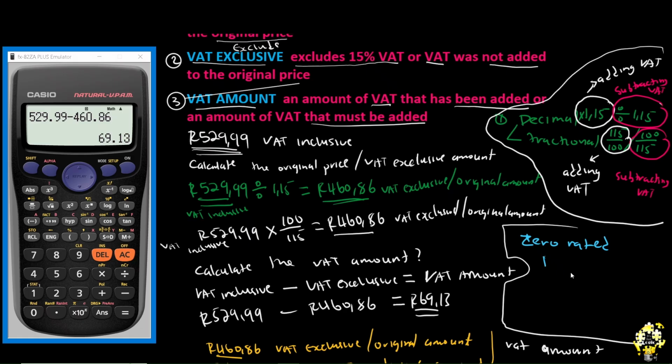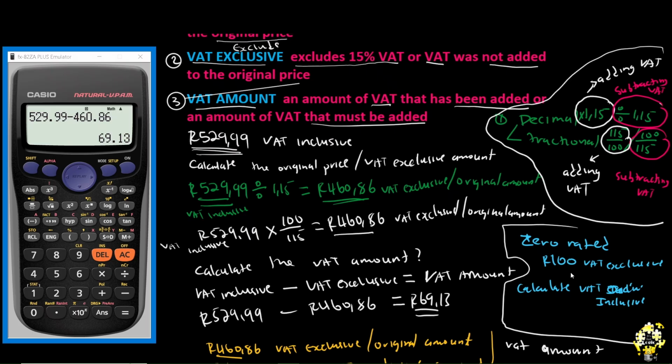They said that the maize meal was I think somewhere like 100 rand, and that the maize meal amount was VAT exclusive. The question was to calculate the VAT inclusive amount. What? That question is just trying to trick you.